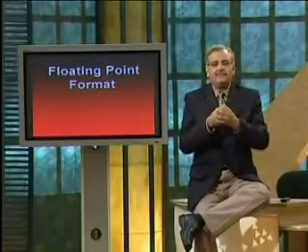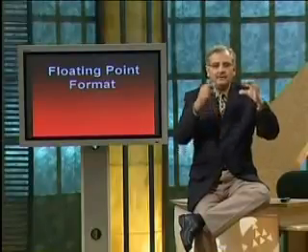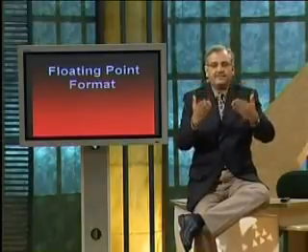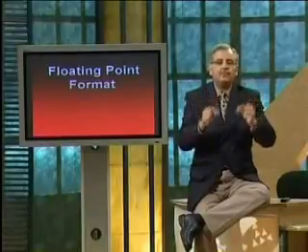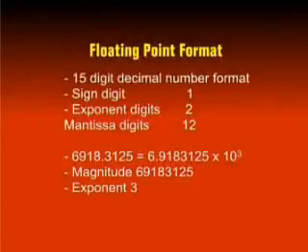Now, let us have a look at an example of a decimal number which has an integer part and a fraction part, and let us represent it using this 15-digit decimal floating point representation. The 15-digit decimal floating point representation has its most significant digit representing the sign digit. The next 2 digits represent the exponent digits, and the last 12 digits represent the mantissa or the fraction part.